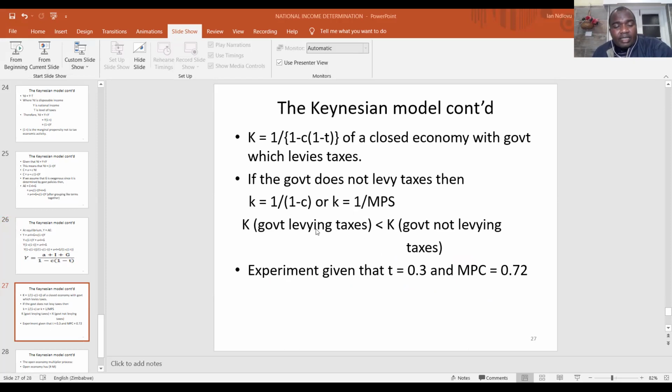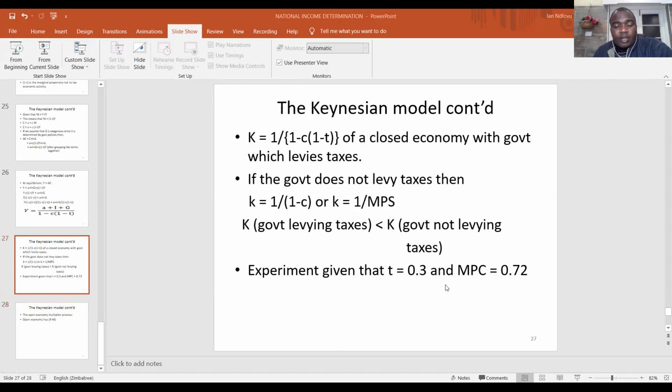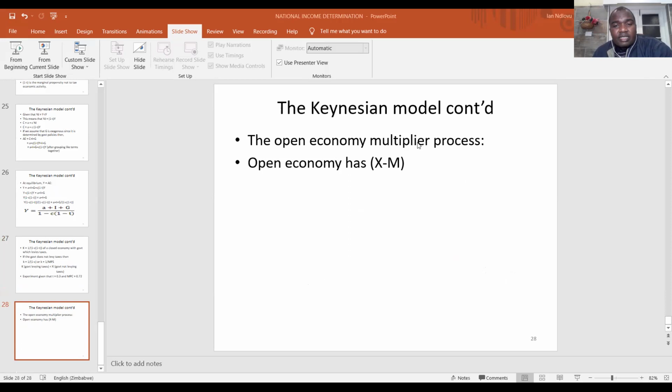So K, when the government is levying taxes, is smaller than K when the government is not levying taxes. If t is 0.3 and our MPC is 0.72, you can experiment, you realize that the K where the government is levying taxes is smaller than the K where the government is not levying any taxes.